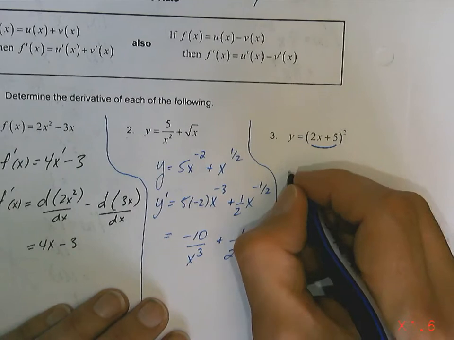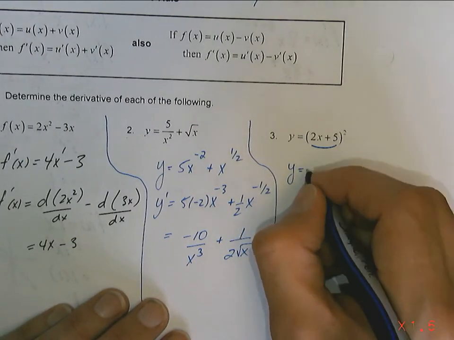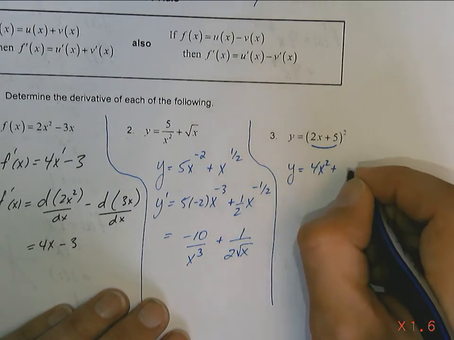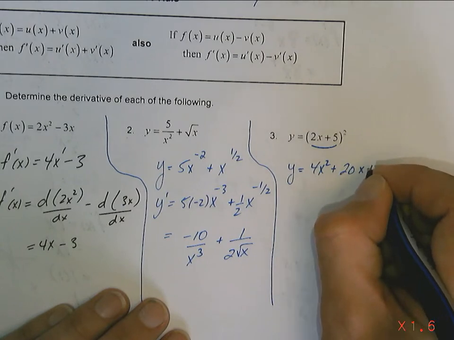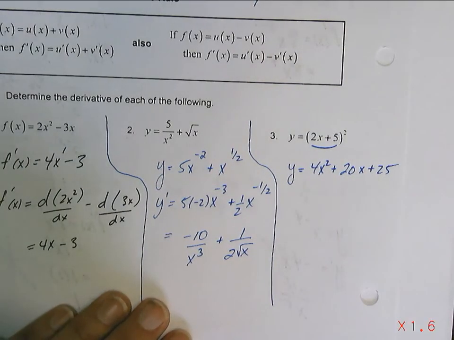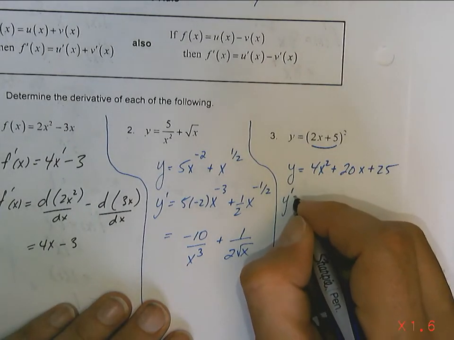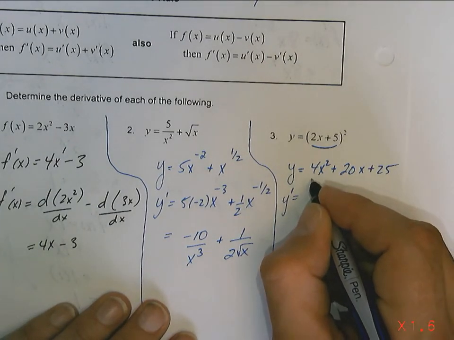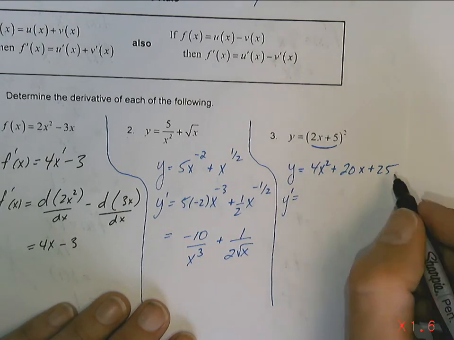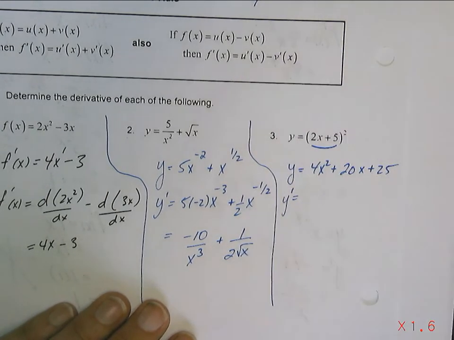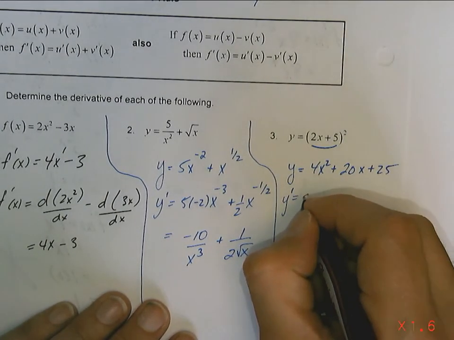So we can get around this by expanding it. Now the derivative of this will be the derivative of the first term, the derivative of the second term, and the derivative of the third term.